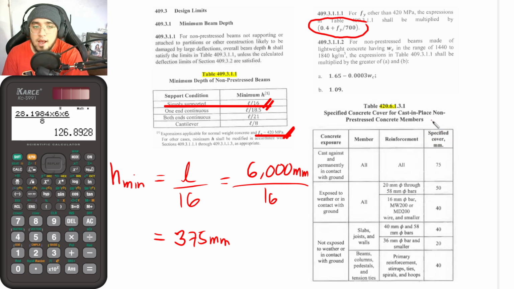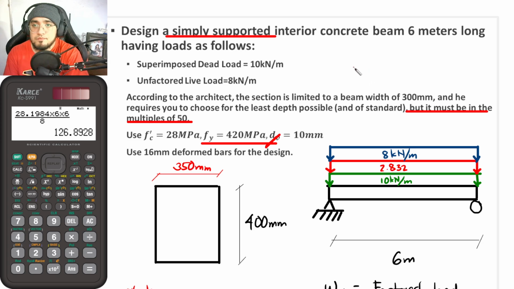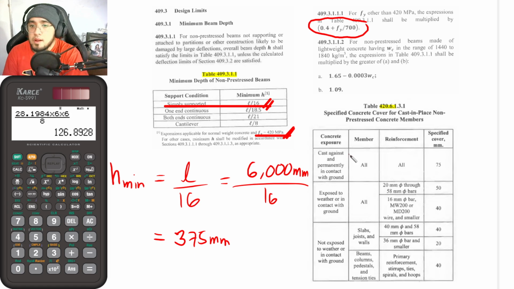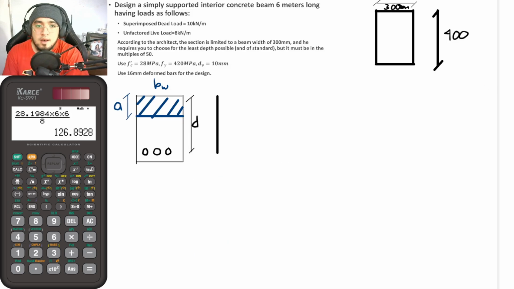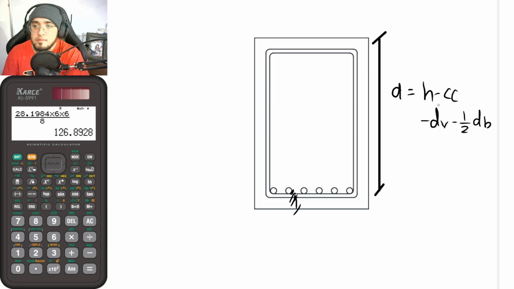And since in our sample here, our beam is interior, and if you would be reading the exposure, interior beams are not exposed to weather since it is inside. And from that, guys, for beams, columns, and pedestals, we will be making use of 40 mm. Okay, so from that, guys, our concrete cover is 40 mm.